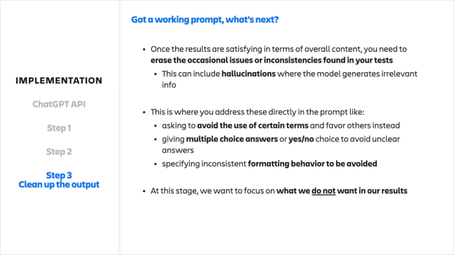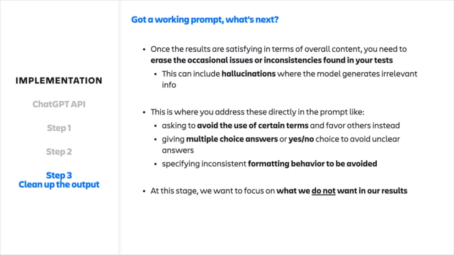This is also where you're going to address things like avoiding the use of certain terms in favor of others, giving multiple choice answers or yes or no choices to avoid unclear answers, and specifying formatting behavior that you want to avoid. So basically at this stage, you want to focus on what we do not want in a result.